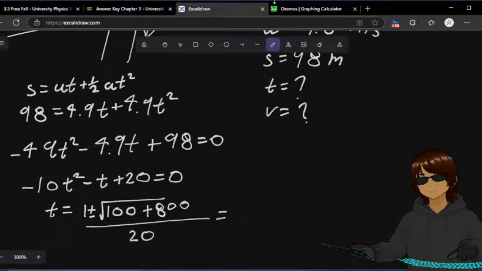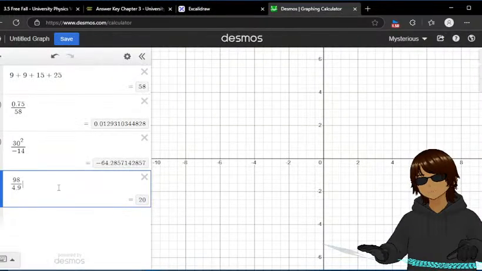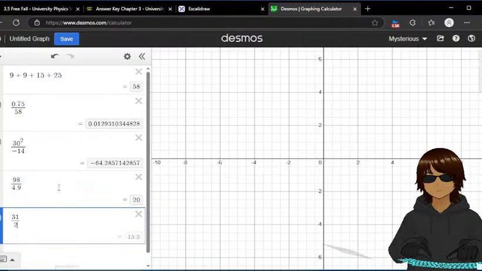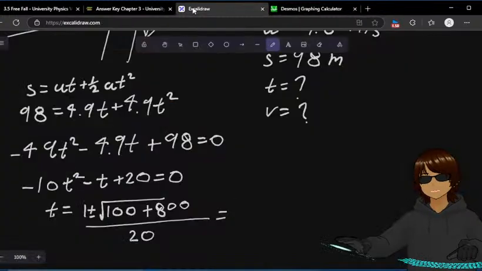You have 900, the square root is 30, right? So 31 over 2, 15.5 seconds.